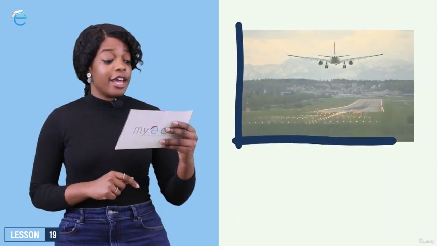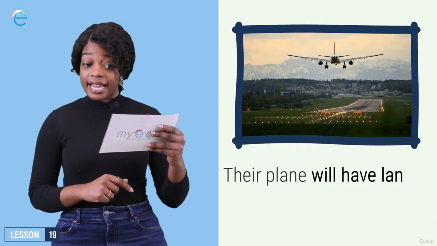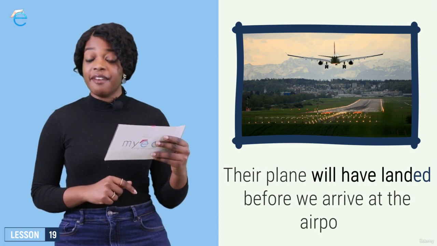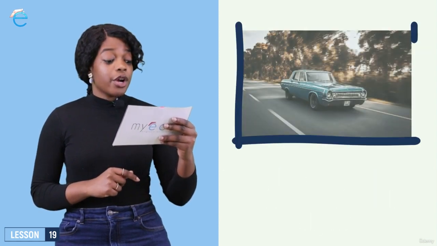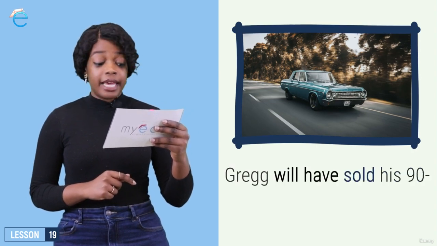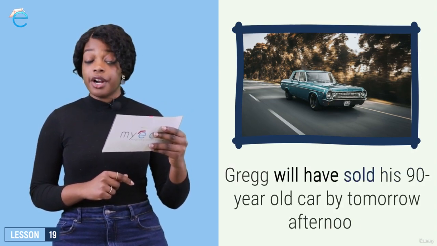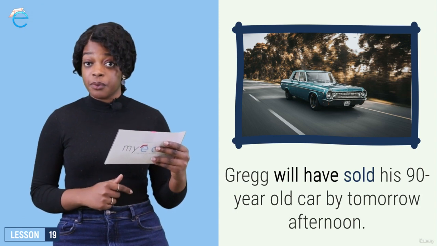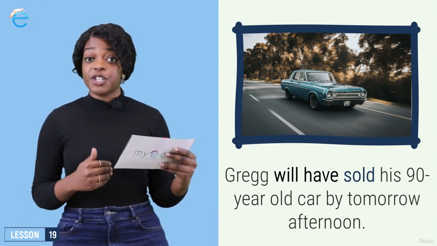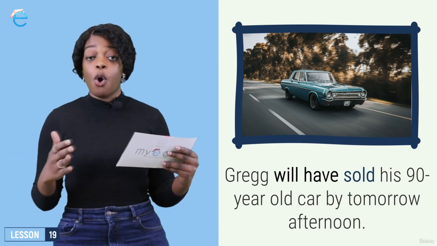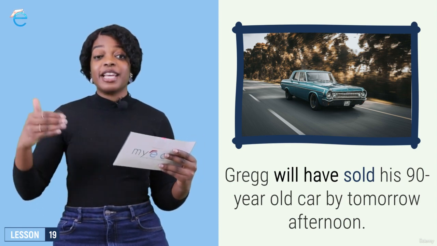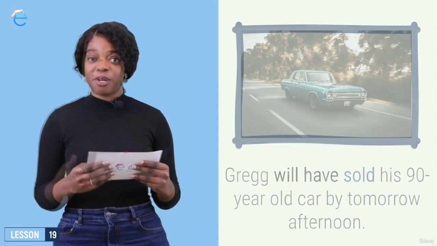Or, their plane will have landed before we arrive at the airport. Or another example, Greg will have sold his 90-year-old car by tomorrow afternoon. All these examples are showing us activities that will be completed or will have happened by a specific time in the future.